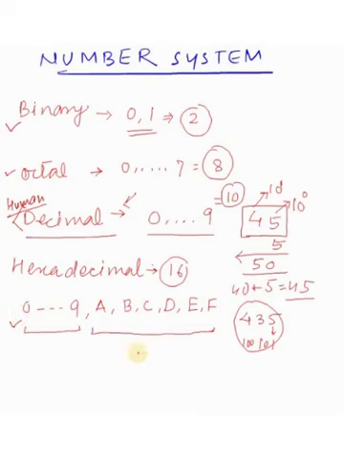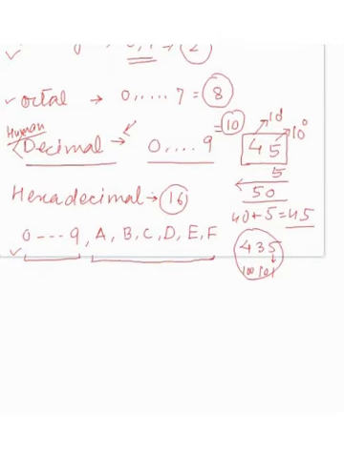Now we have to understand how a calculation takes place when we do it on a computer. For example, we are writing something in the computer. I have to write A to the computer. So A is converted into an ASCII value.